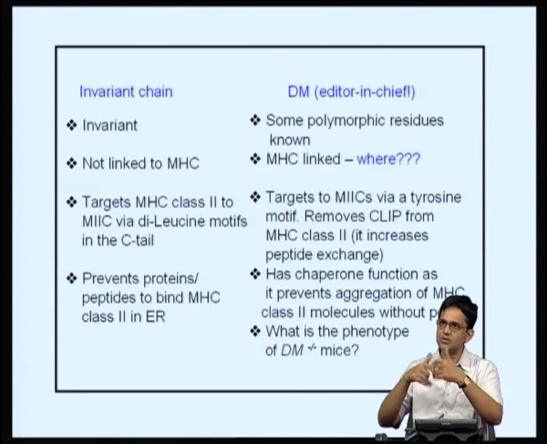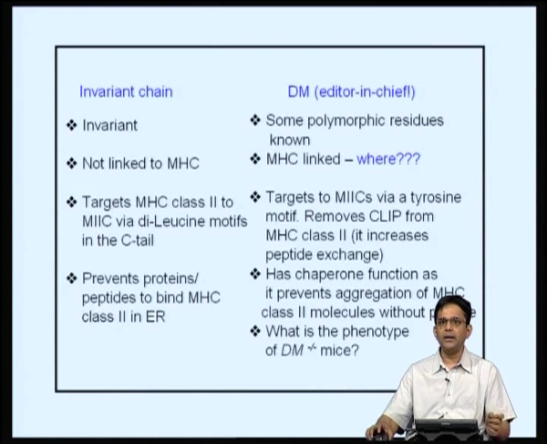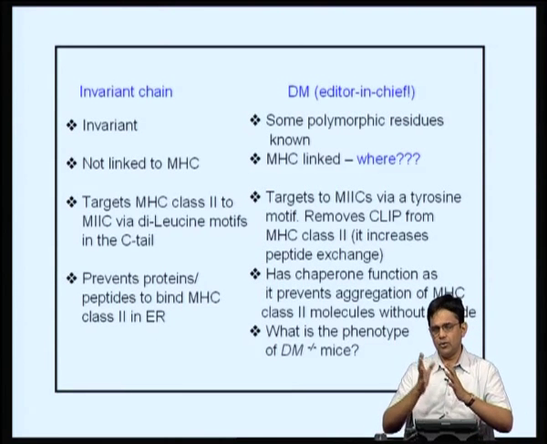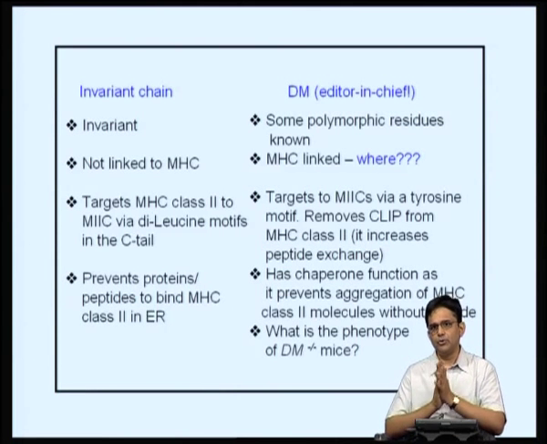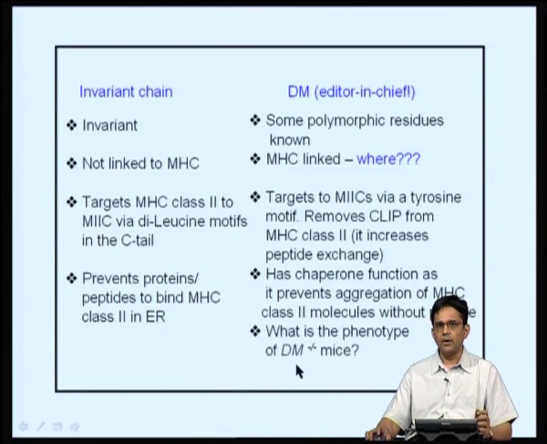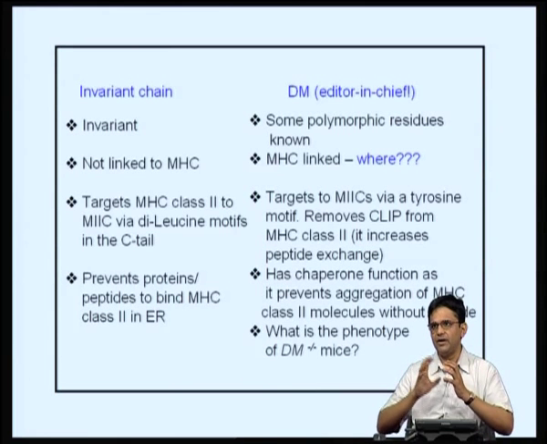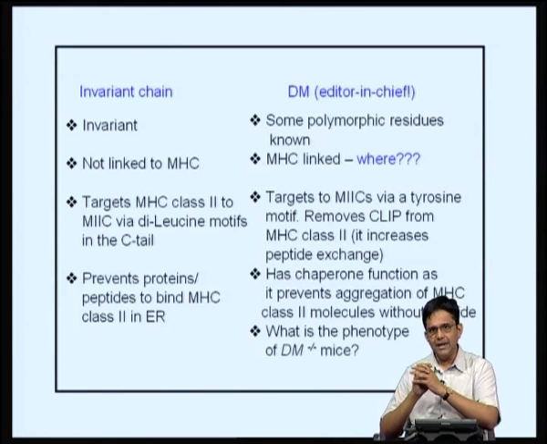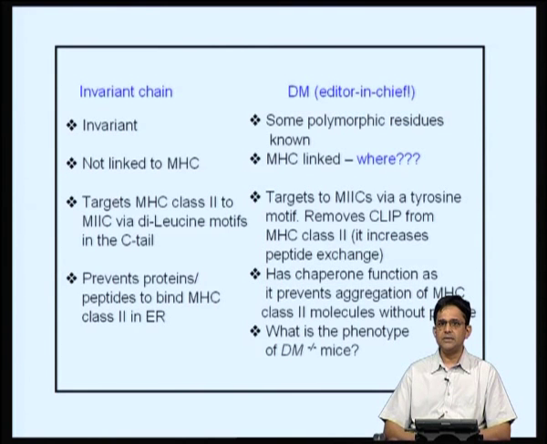The messenger is degraded, and a part of the messenger is left on, and that part is removed by DM. The invariant chain prevents peptides from binding MHC class 2 in the ER, but its main job is to shepherd or chaperone it to the M2C. The main job of DM is the peptide loading capacity.